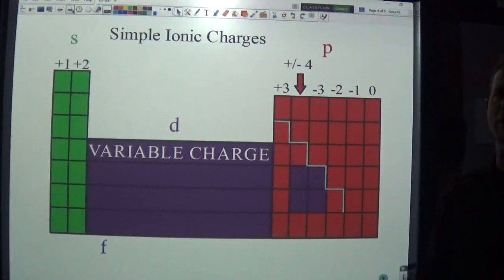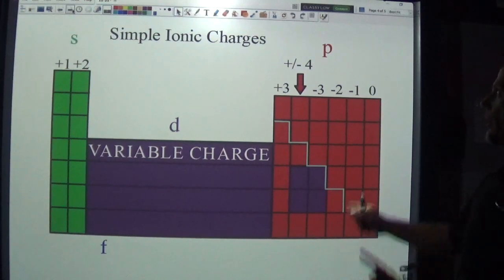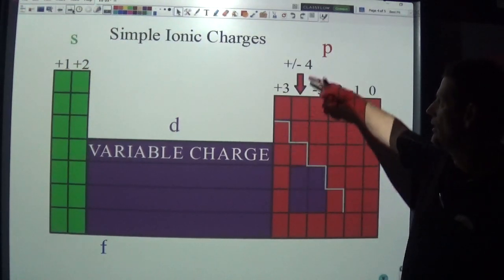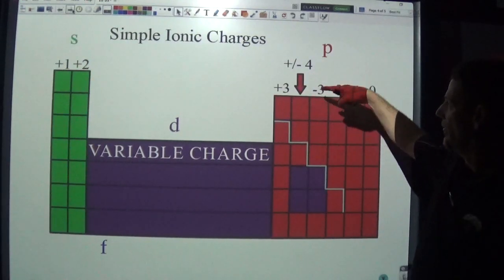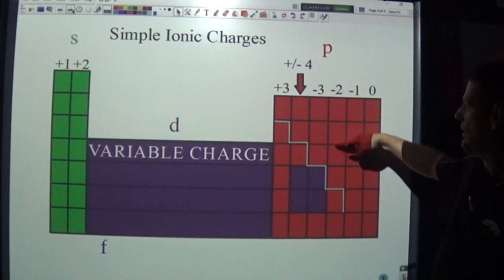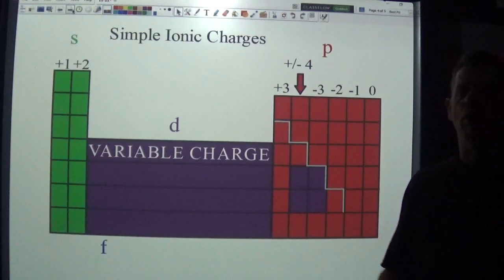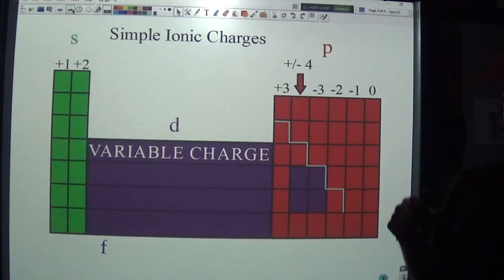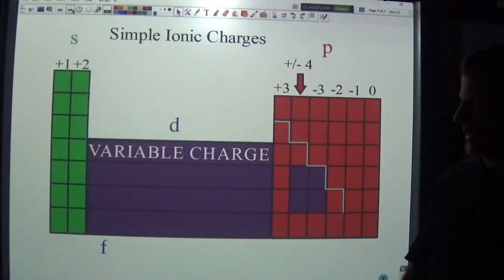So if you think about this easily, the S sublevel is either going to lose 1 or lose 2 electrons. The P sublevel elements are going to lose 3. It could either gain or lose 4. These are going to gain 3, gain 2, gain 1 electrons. And so the charges on these ions match what they have gained or lost in terms of electrons.